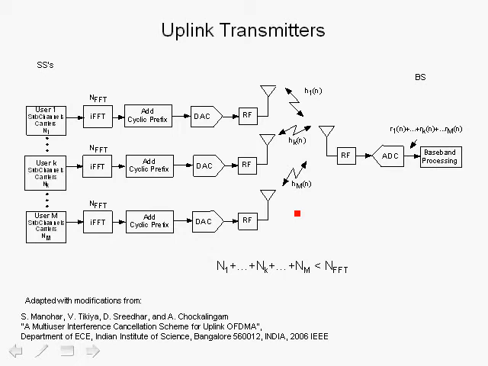And by the way, this is a reference to a very good paper, a multi-user interference cancellation scheme for uplink OFDMA, which is theoretical in nature, but does a very good job of highlighting the issues involved in uplink OFDMA. This diagram here was adapted with some modifications from a picture in that paper.